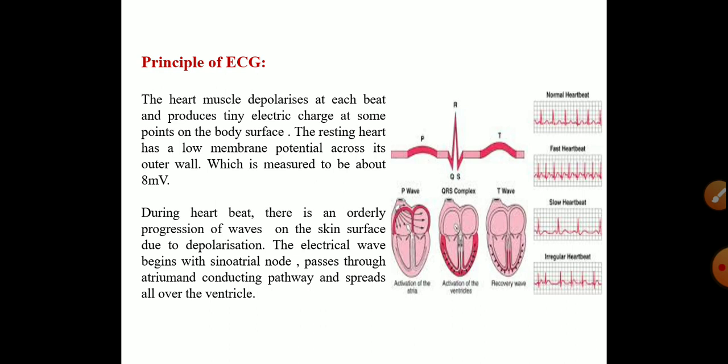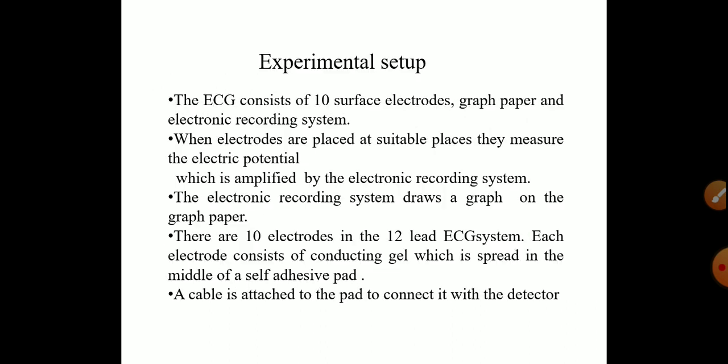During heartbeat, there is an orderly progression of waves on the skin surface due to the depolarization. The electrical wave begins with the sinoatrial node, passes through the atrium and conducting pathway and spreads all over the ventricles. So this is the principle of ECG.